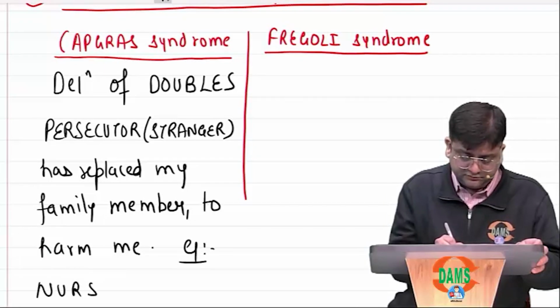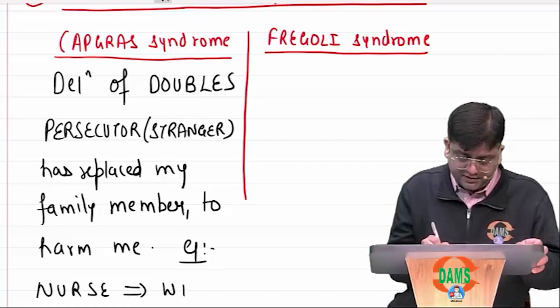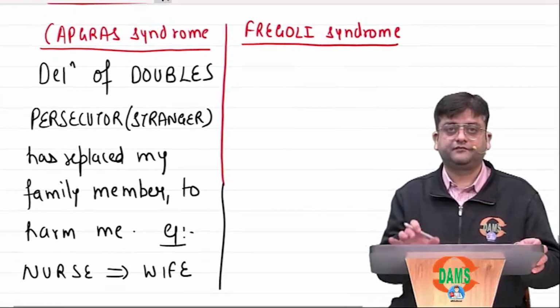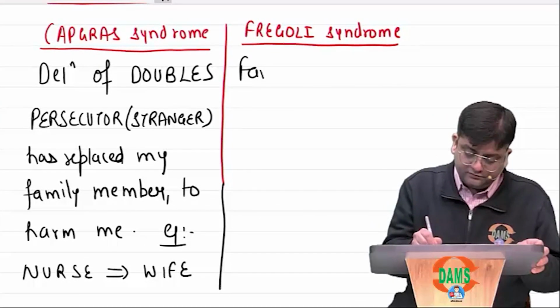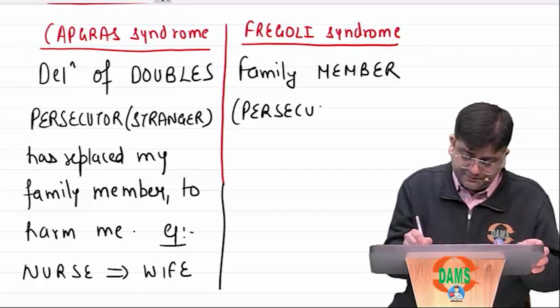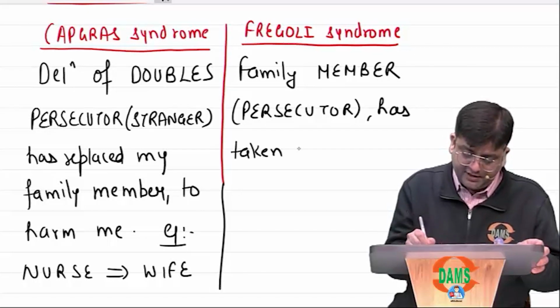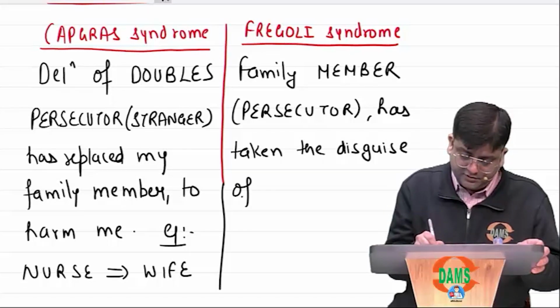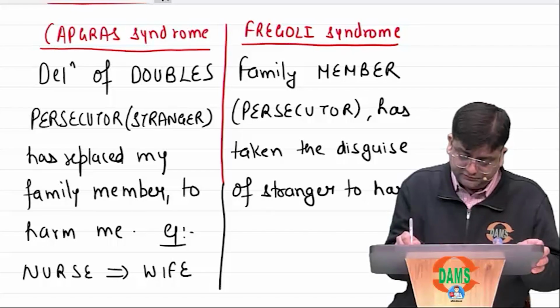Example, nurse coming in the disguise of wife. In Fregoli syndrome, my family member who is the persecutor has taken the disguise of a stranger to harm me.